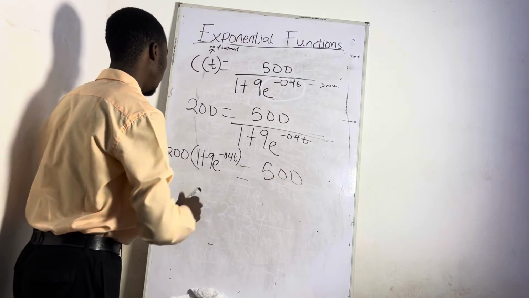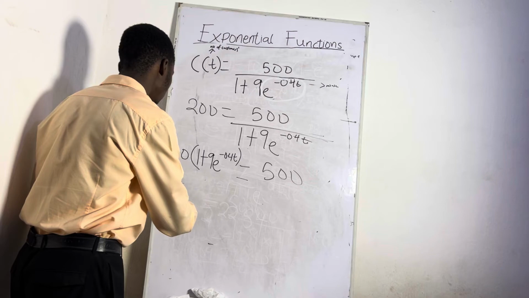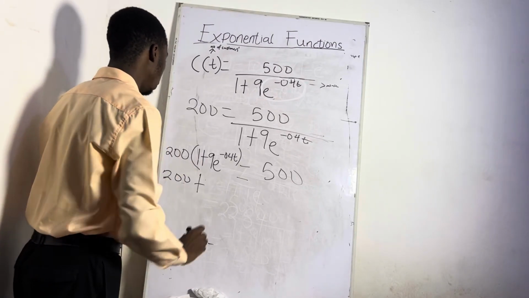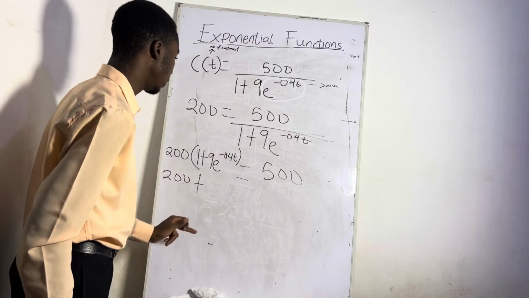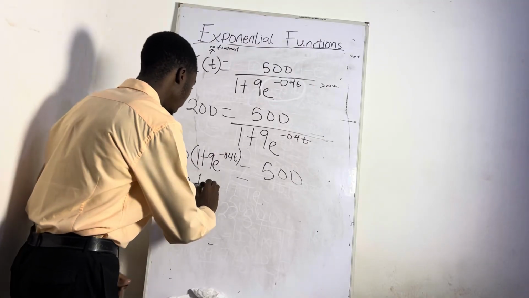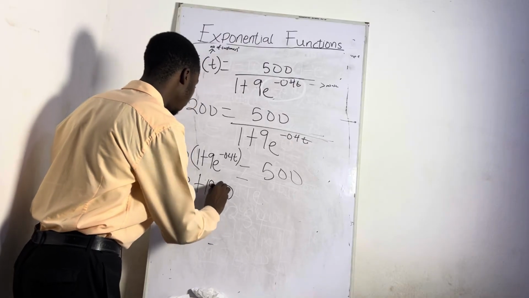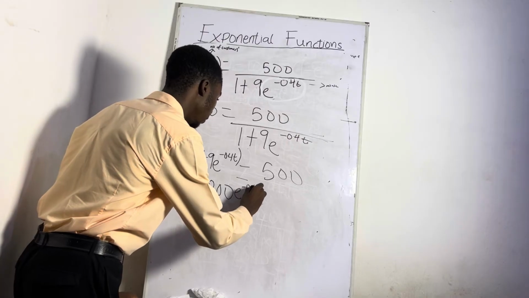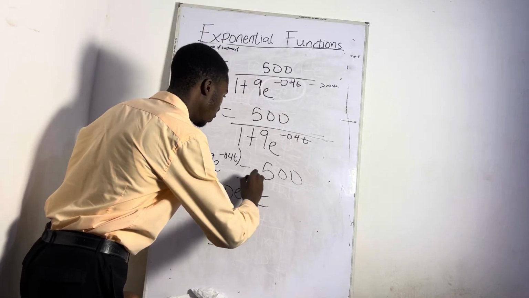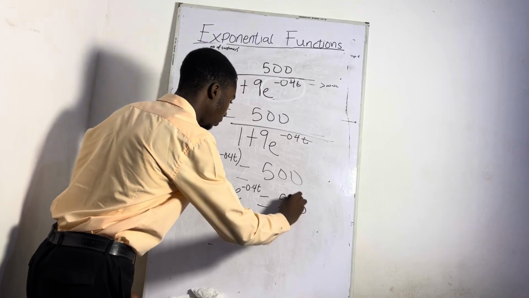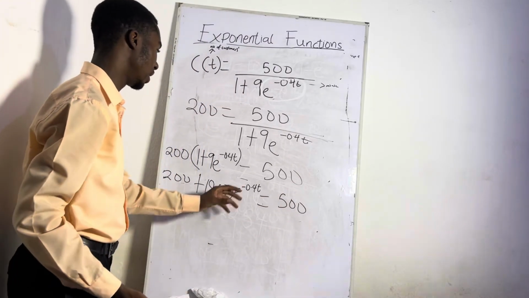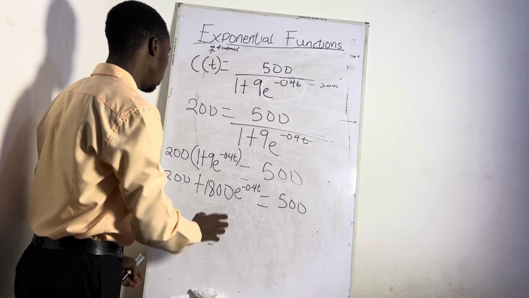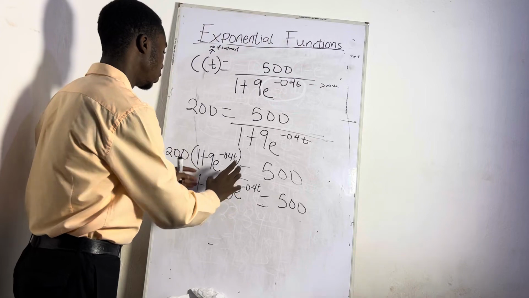So now that we have this, we can just simplify it. 200 times 1 is 200, then plus 200 times 9e exponent negative 0.4t. So 200 times 9 is 1,800, times e exponent negative 0.4t, then it's equal to 500. Now we want to make t the subject, but this whole thing is added to 200. You get it? So we can subtract 200 from both sides of the equation, so that we'll be left with only this.